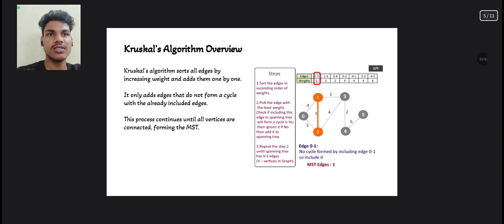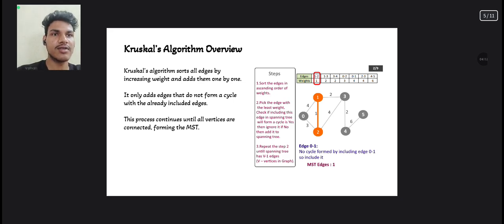In Kruskal's algorithm we do not allow loops or circles. The process continues until all vertices are connected, forming the MST.